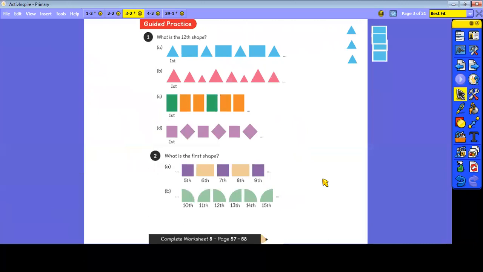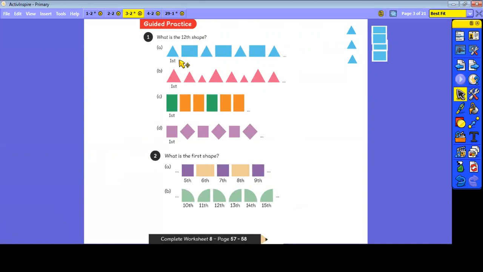So in guided practice, you're asked to figure out what the 12th shape is going to be in this first set of shapes. So we are describing the patterns and figuring out what shape's going to be 12th here, in all of these A, B, C and D questions. We're given the first shape, then we've got to observe the pattern.